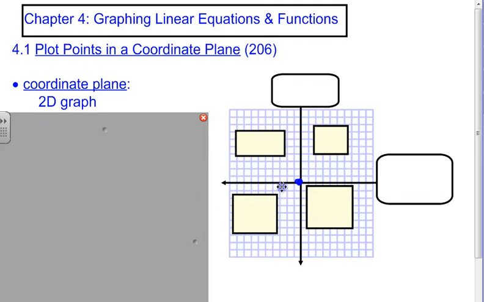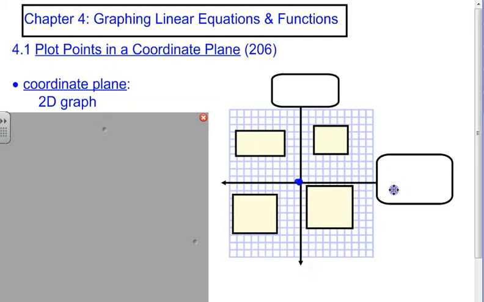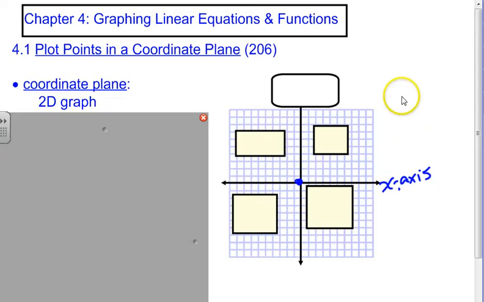And how do we label the horizontal number lines, Sophia? And so you're saying it is the, what? It's the x-axis. Good. The x-axis. And then we have a second number line, and it is called the y-axis. Y-axis, right. Good.